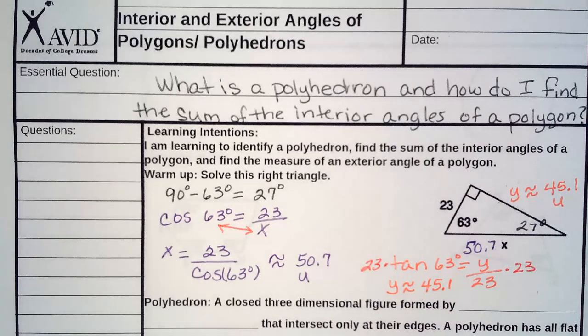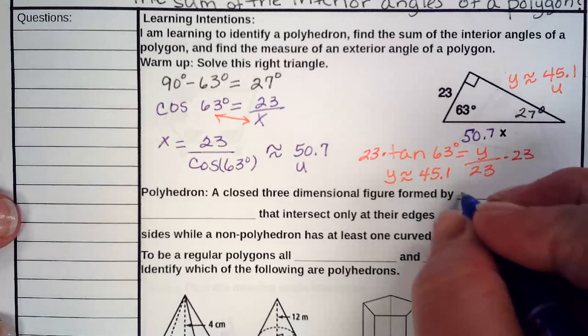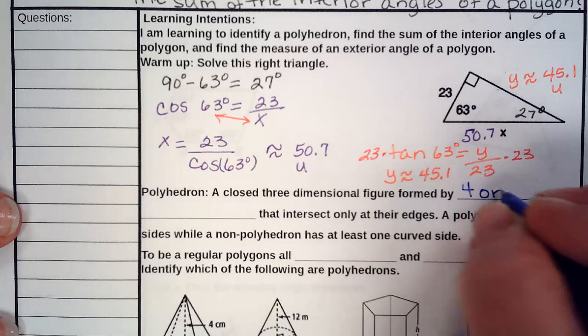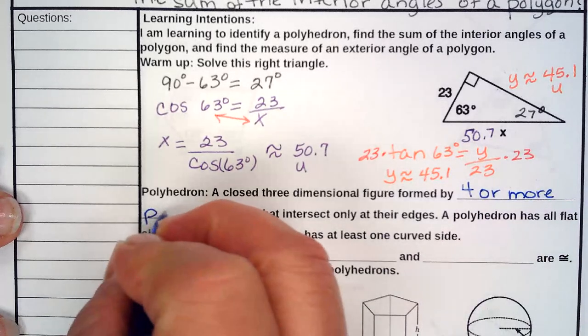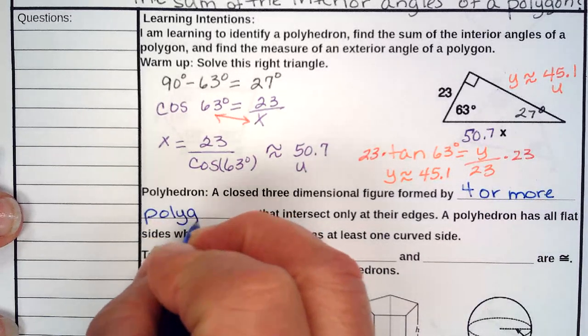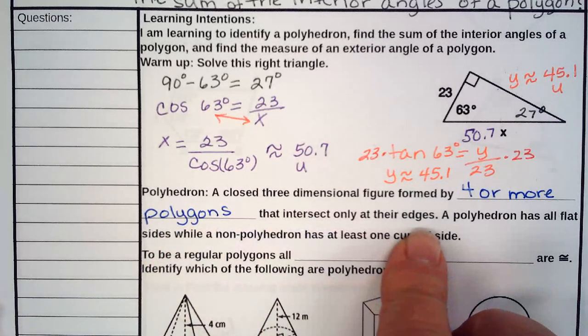So this leads us to what a polyhedron is. A polyhedron is a closed three-dimensional figure formed by four or more polygons that intersect only at their edges.